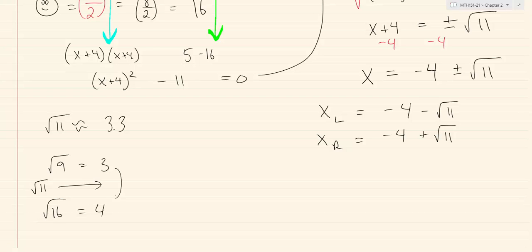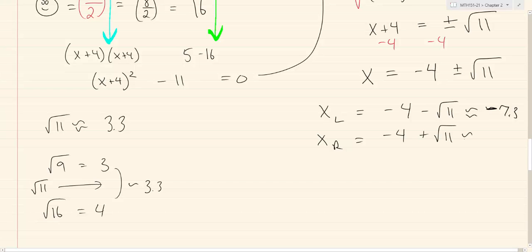Is the square root of 11 closer to 9 or closer to 16? It's closer to 9. So instead of 3.5, you're going to lean a little bit more towards 3. So it's probably about 3.3, and that's good enough for our purposes. So your left-hand intercept would be negative 4 minus 3.3, which is about negative 7.3.